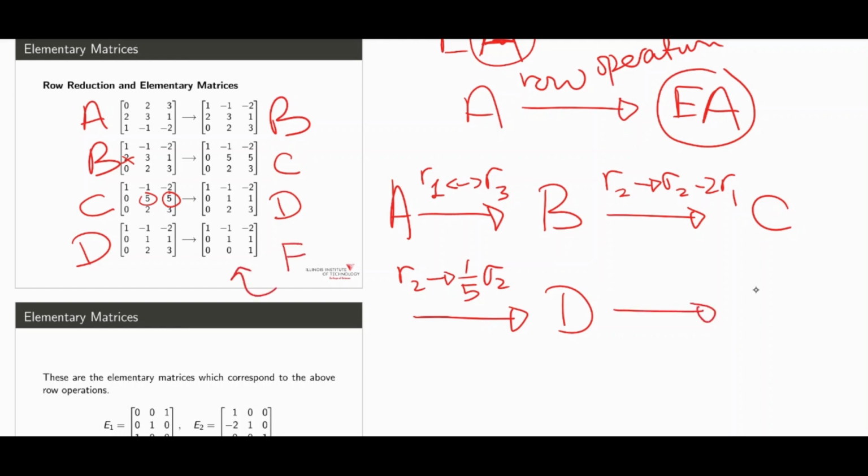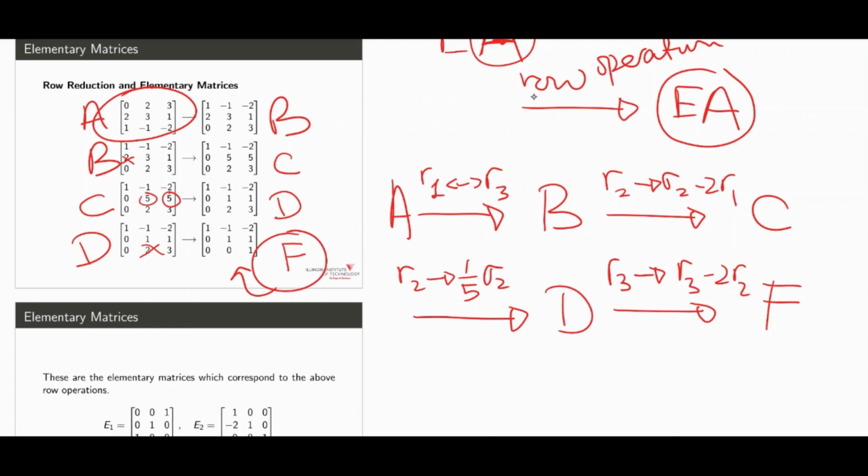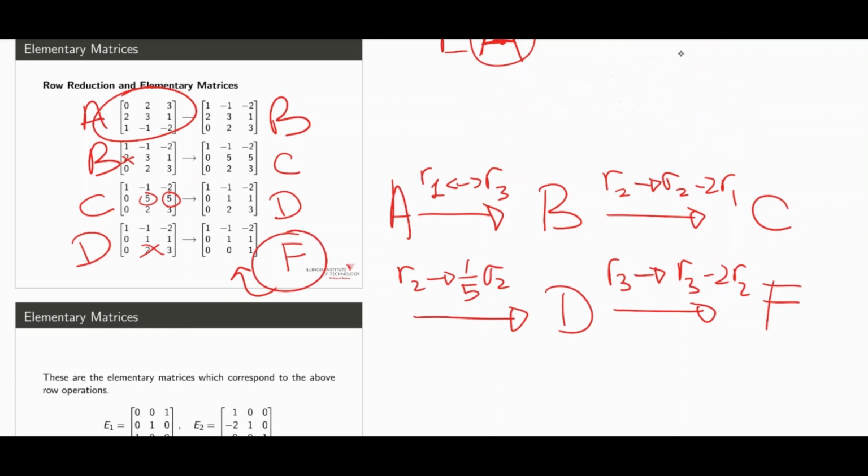So how do we get from D to F? We perform this row operation to kill off this number. We change our third row by taking our third row minus 2 times our second row. So as you can see, from A all the way to F, we actually perform 4 different elementary row operations.